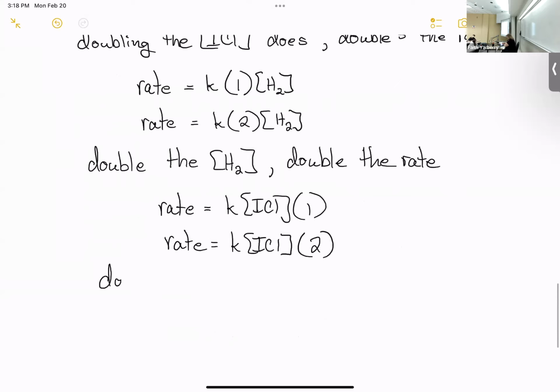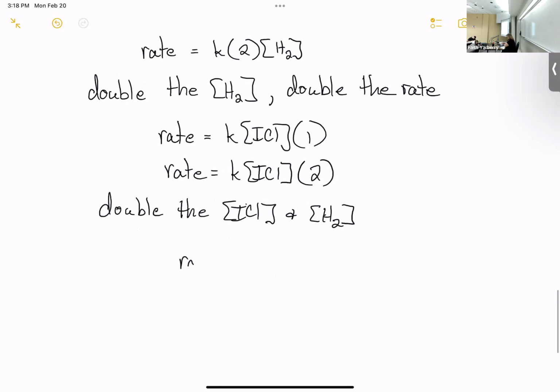Now, what if you double the ICL and the H2 concentration? So we went from rate is equal to K times 1 times 1, and now we're at rate is equal to K times 2 times 2. It quadrupled it.